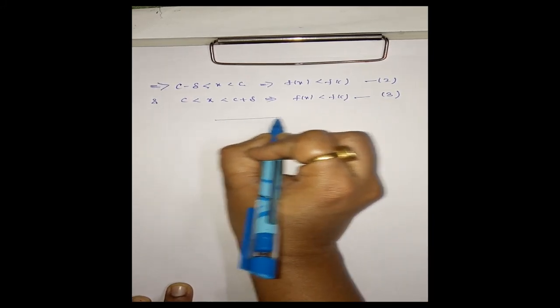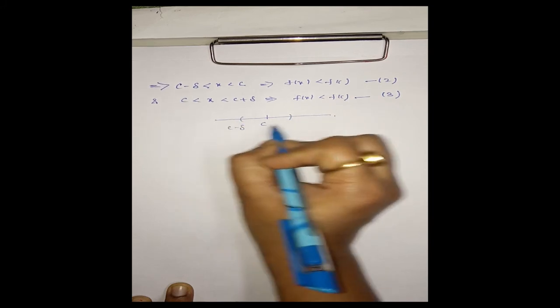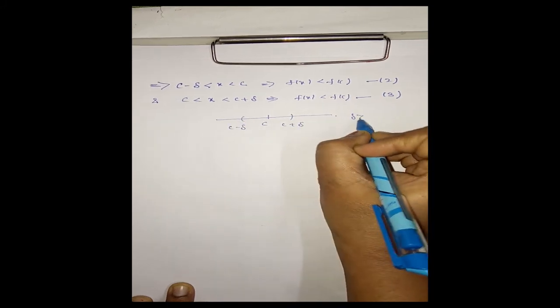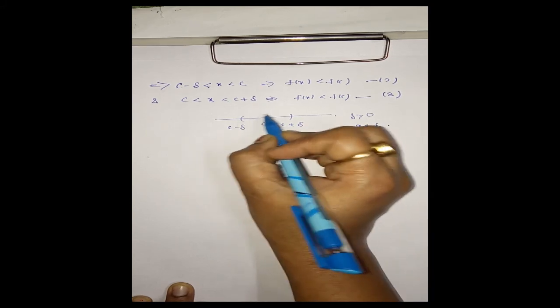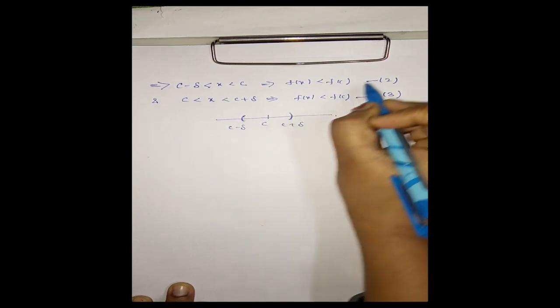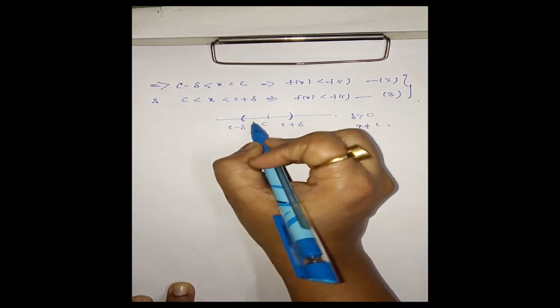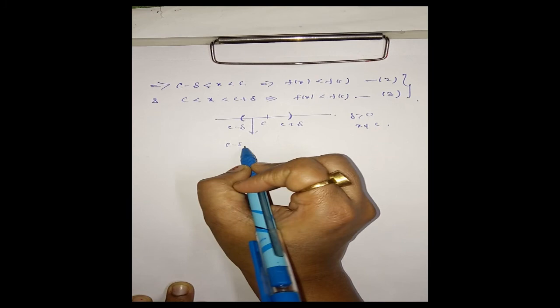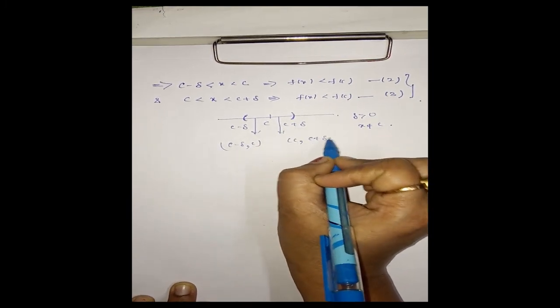In the definition of maximum value we have this interval (c minus delta, c plus delta), where delta is positive and x is not equal to c. We have partitioned this interval, c minus delta to c, and c to c plus delta.